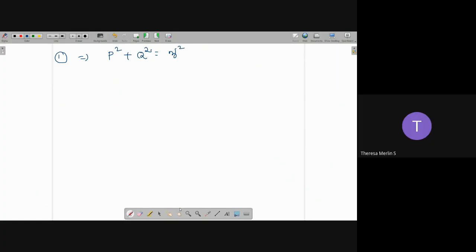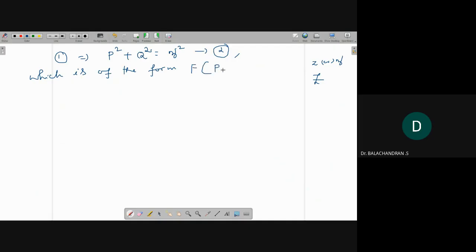Instead of writing small z, I will use capital Z. I call this equation number 2, which is of the form F of capital P, capital Q, Z. This is type number 3.